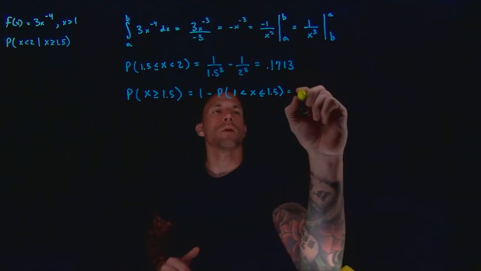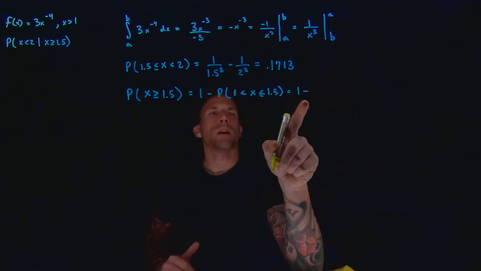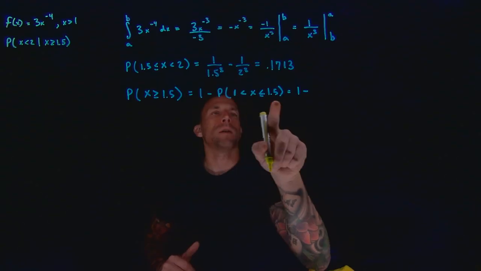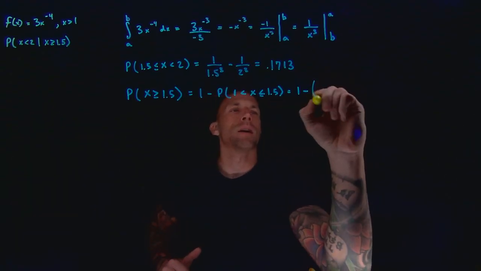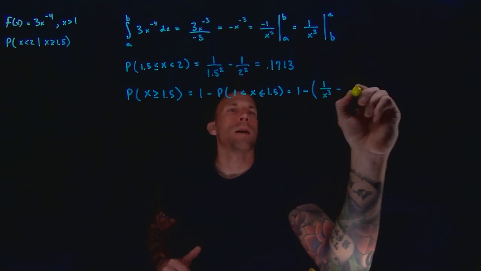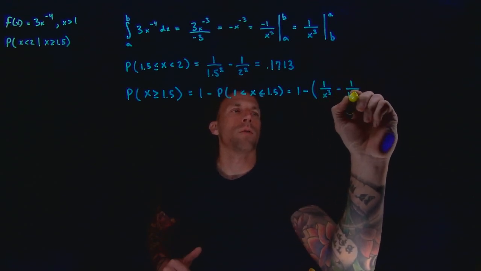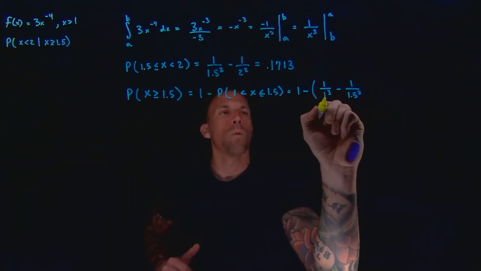Okay, so 1 minus the probability statement, a is going to be 1 and b 1.5, so that's 1 over 1 to the third minus 1 over 1.5 to the third.